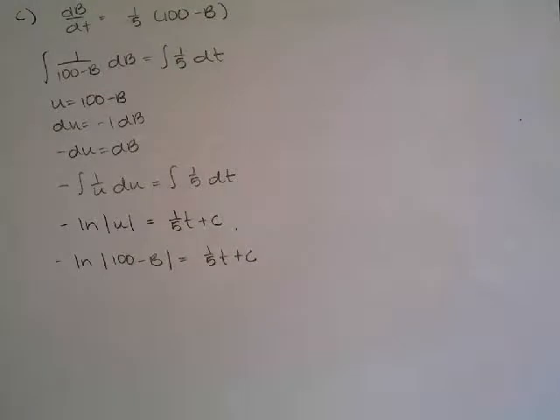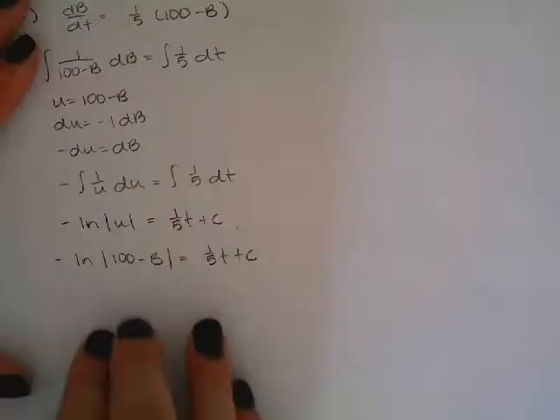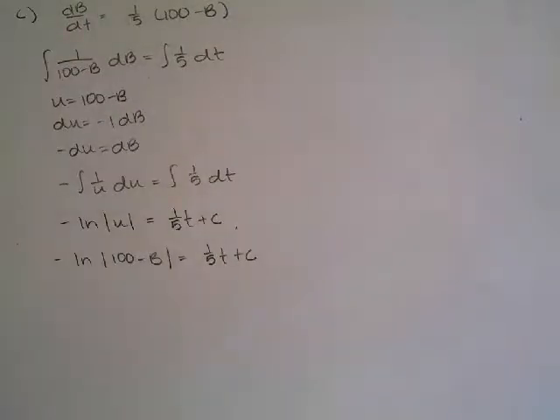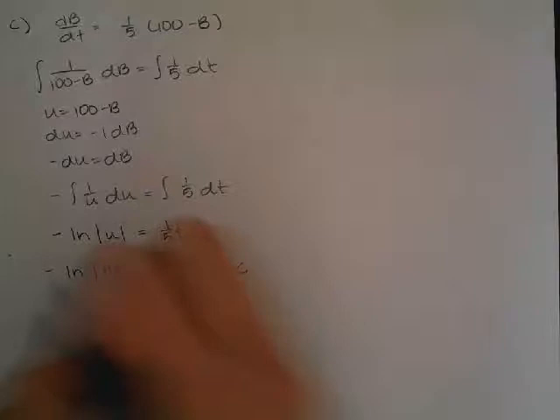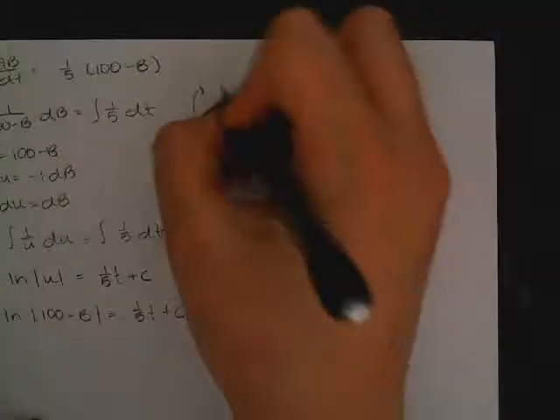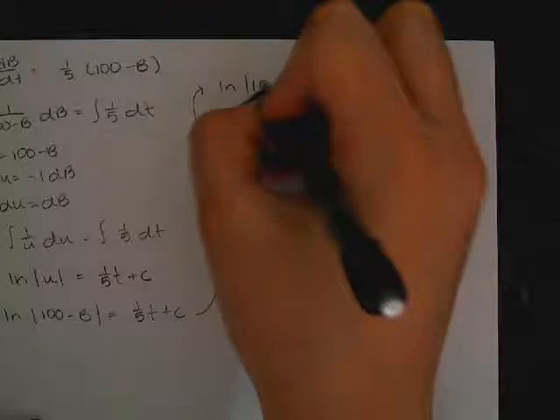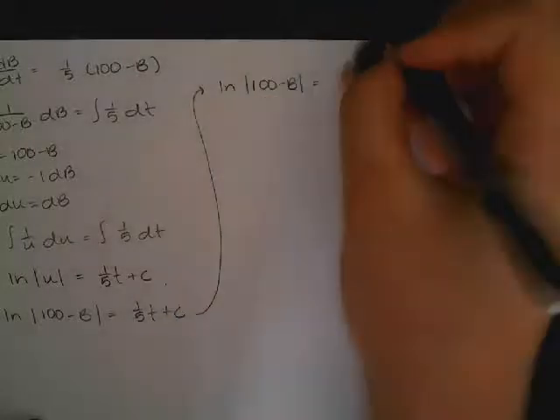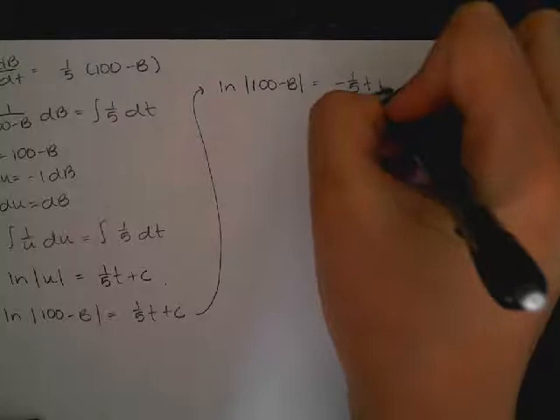Now there's a lot of different places where you could decide to plug in your point. And because this equation is so complex right now, I'm not going to plug it in yet. I'm going to divide the negative over, and I'll put e on each side.